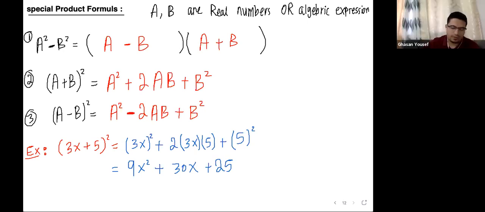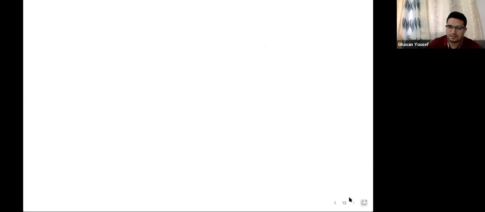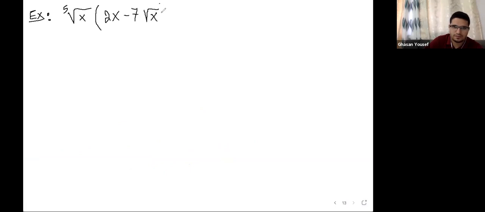I have another example, but I'm going to leave it for you, and we're going to do it together next time. The example is again simplifying the fifth root of x times 2x minus 7 square root of x.